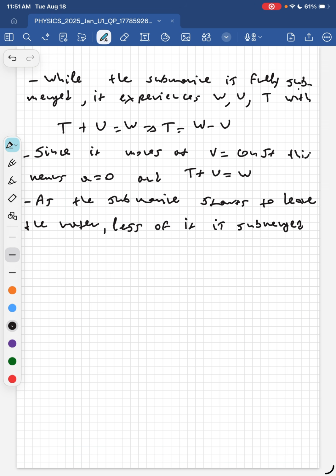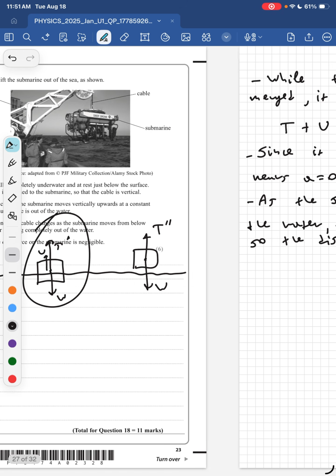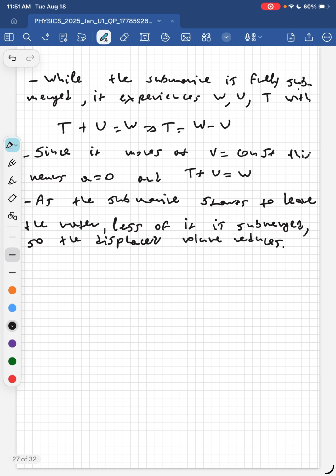So the displaced volume reduces, which is what we see in this picture over here. The submerged volume reduces, so therefore the upthrust reduces. Thus T increases, right?